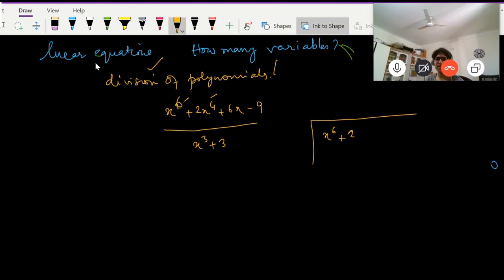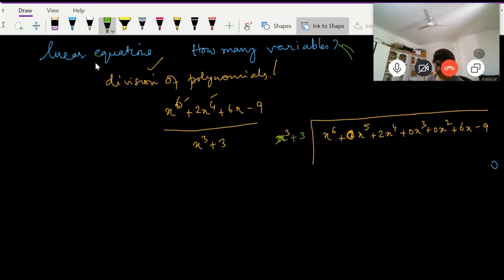So just take 0 into x to the power 5 plus 2 into x to the power 4. Again, x cube and x square are missing, so plus 0x cube plus 0x square plus 6x minus 9. And we divide this by x cube plus 3.